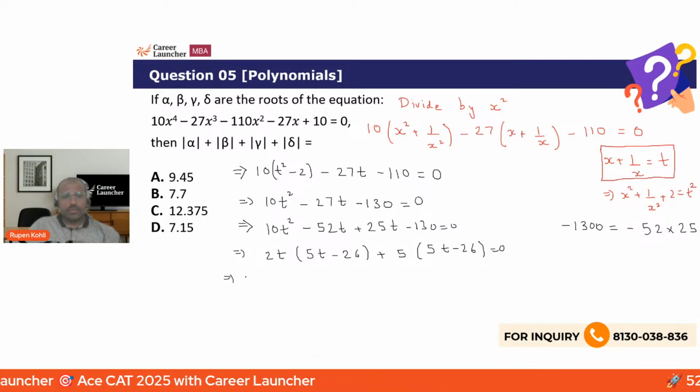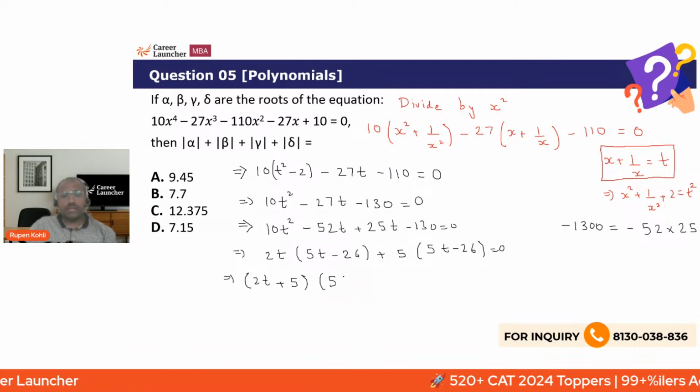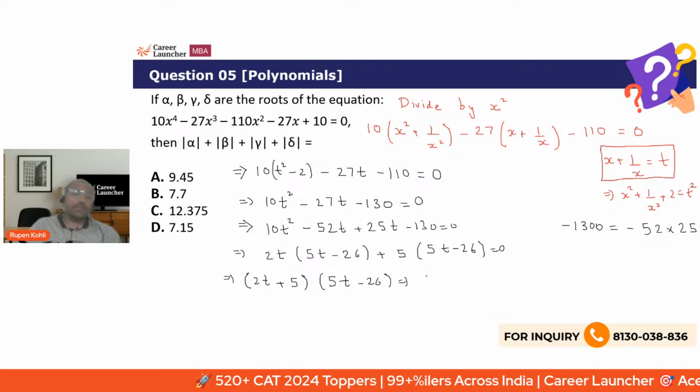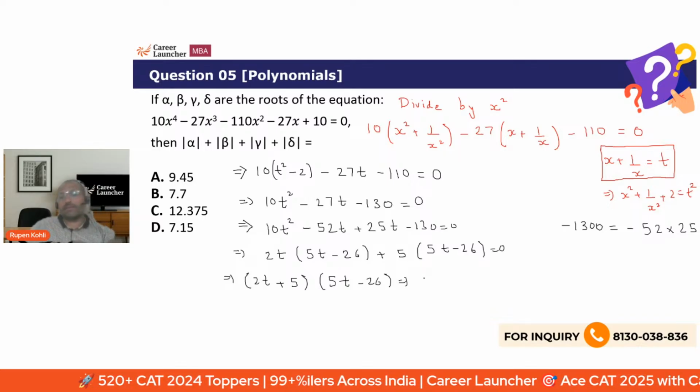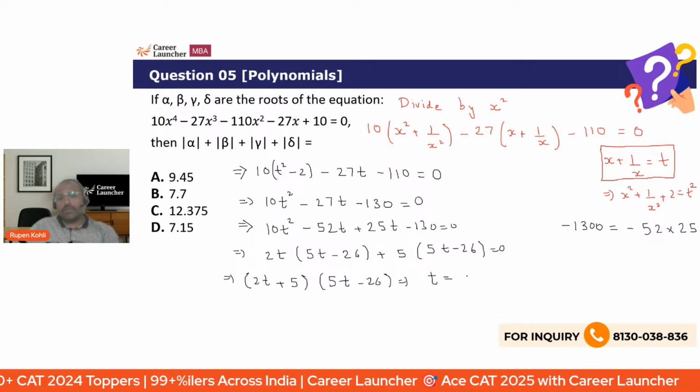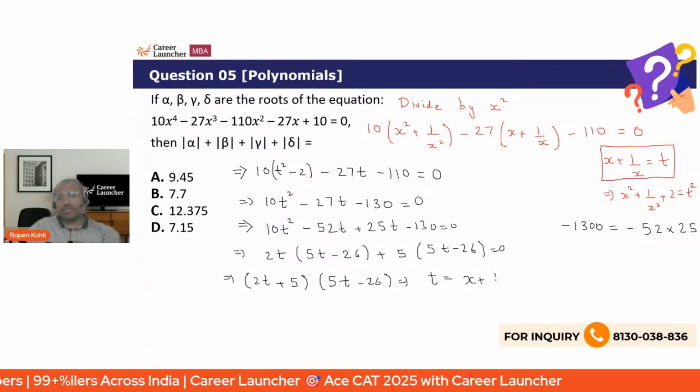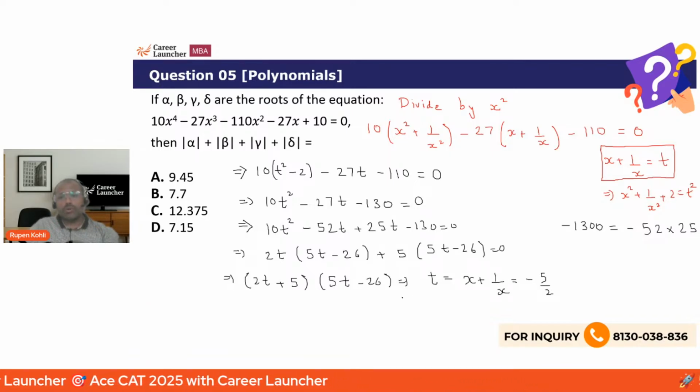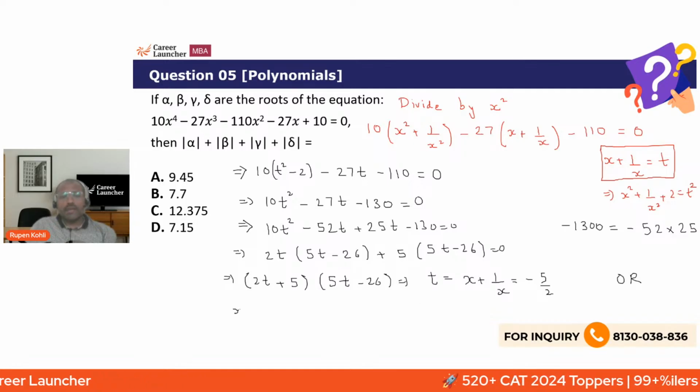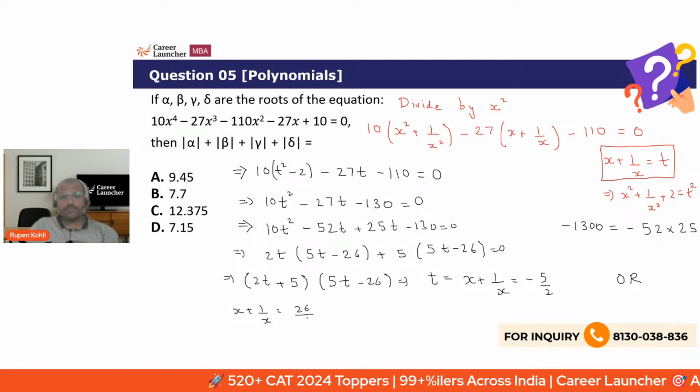So I'm getting 2t plus 5 and 5t minus 26 as 0. That gives me that t is either minus 5 by 2 or 26 by 5. Okay, very nice. So we have two quadratics, that either x plus 1 by x is minus 5 by 2, or x plus 1 by x is 26 by 5.